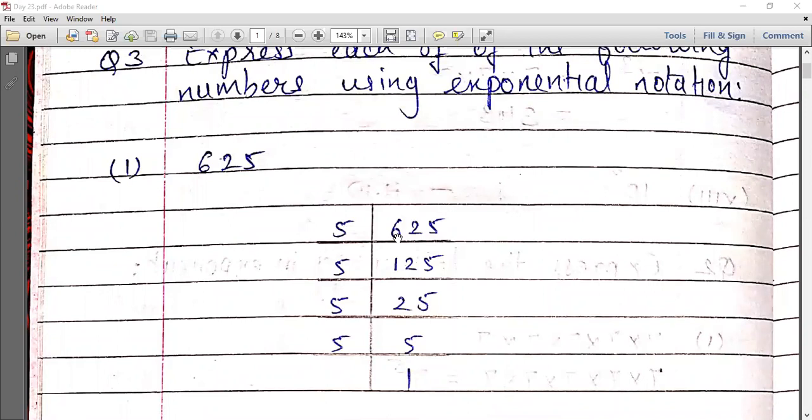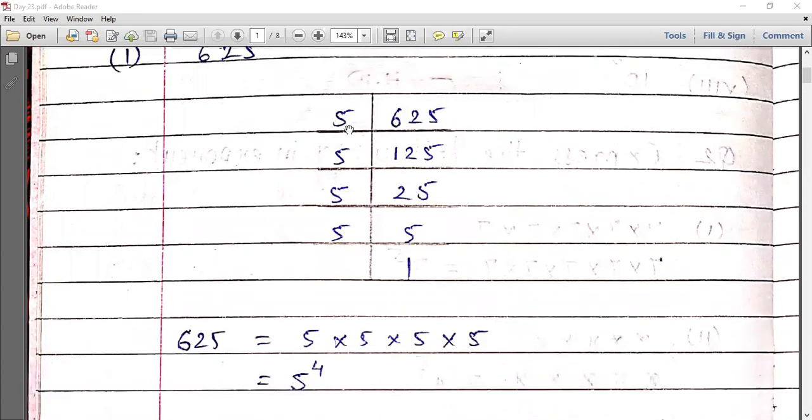To find the exponential notation, we'll first find the factors of this number using the HCF method. So you can see 625 has a factor 5. 5, 125s are 625. 5, 25s are 125. 5 5s are 25. 5 1s are 5.